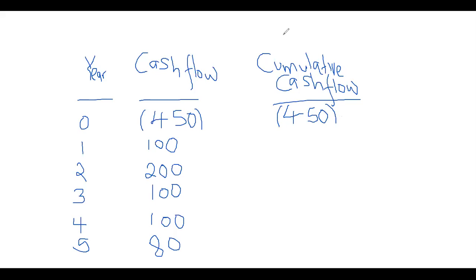Let's do the color coding. Here it is going to be negative 350, so negative 450 plus 100 takes you to negative 350. It's reducing bit by bit.